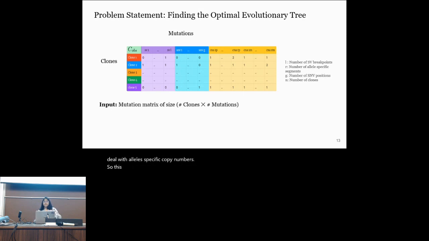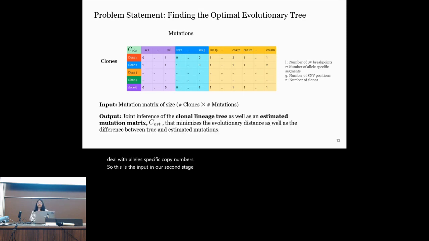So this is the input in our second stage, and the output will be a clonal lineage tree and an estimated copy number matrix, which has similar dimensions to the matrix I just explained. However, it will be an error corrected version of that one. Our goal is to try to minimize the evolutionary distance as well as the difference between the observed versus estimated copy number matrix.